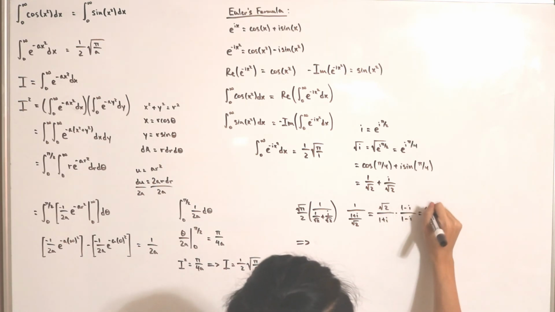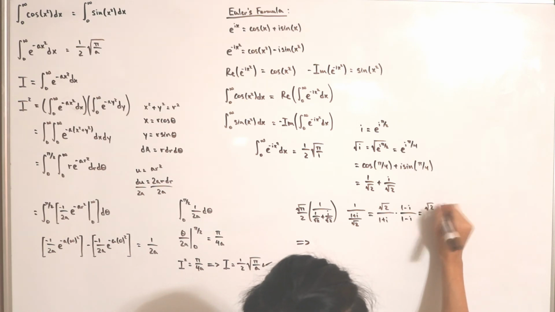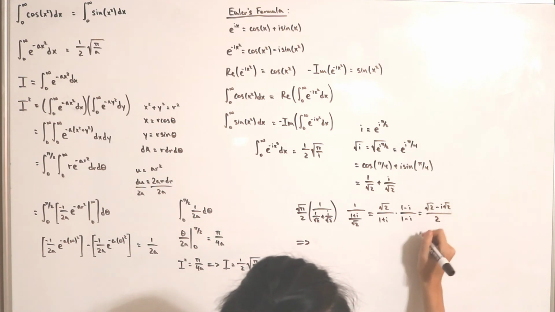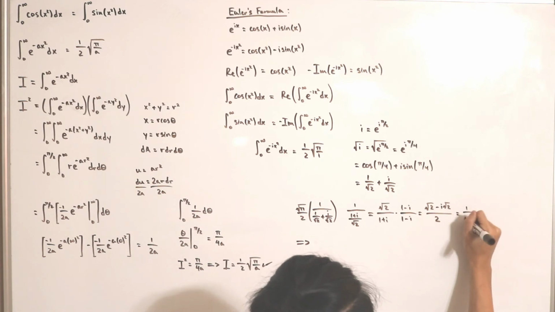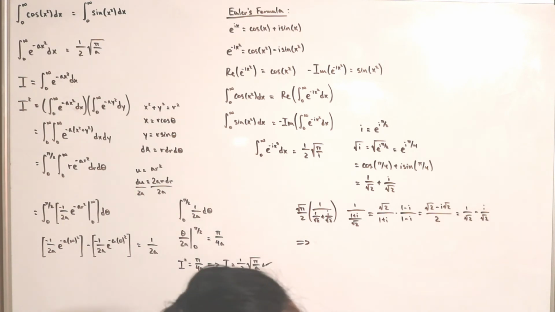And so this is equal to the square root of 2 minus i times the square root of 2, divided by 2. That can be rewritten as 1 over the square root of 2 minus i divided by the square root of 2.